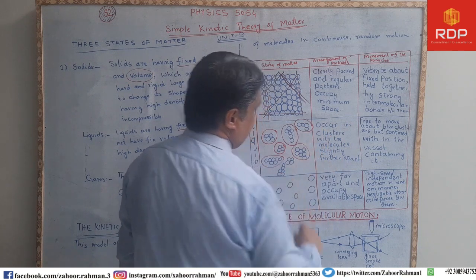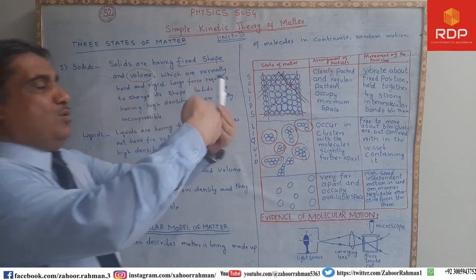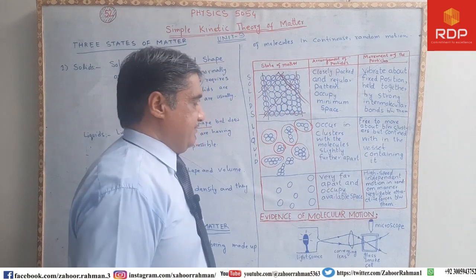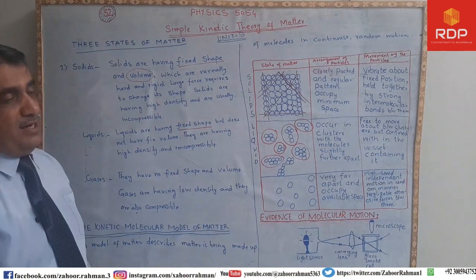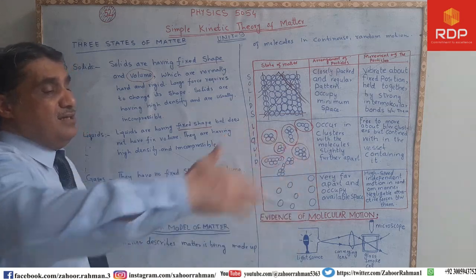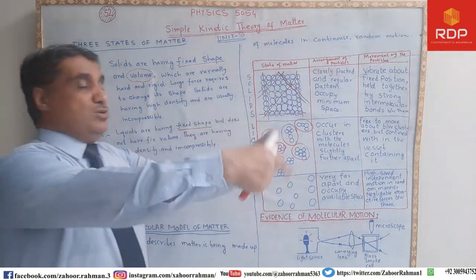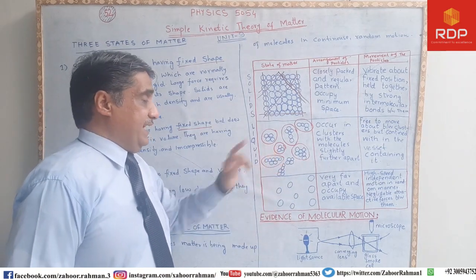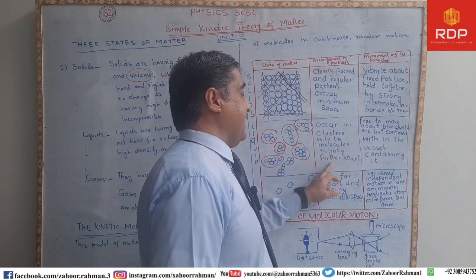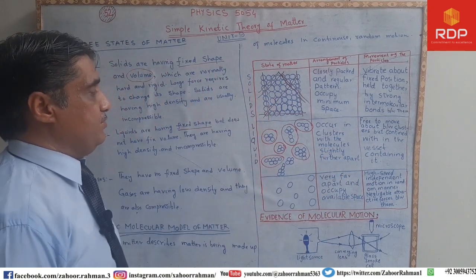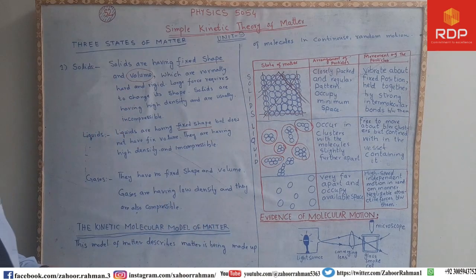These are the different clusters which are rolling one over another. And that is why when we spill water on the floor, it flows, because the molecules are rolling on one another. The molecules are slightly further apart as compared to the solid model.